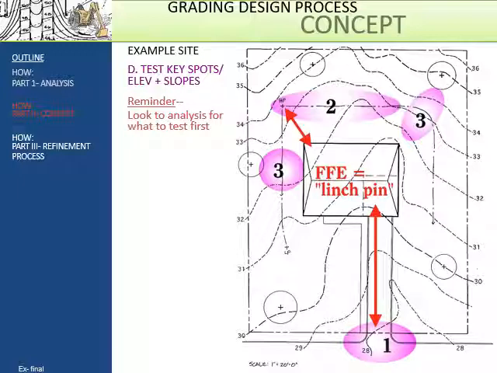One of the things you're going to learn is that your finished floor elevation when you're doing concepts is going to have to be able to change. So in your previous assignments, we've given you the finished floor elevation. In this assignment, you have to determine what is the appropriate finished floor elevation for your design. And the easiest way to start that process is by starting with what you know, and you know the elevation at the road.